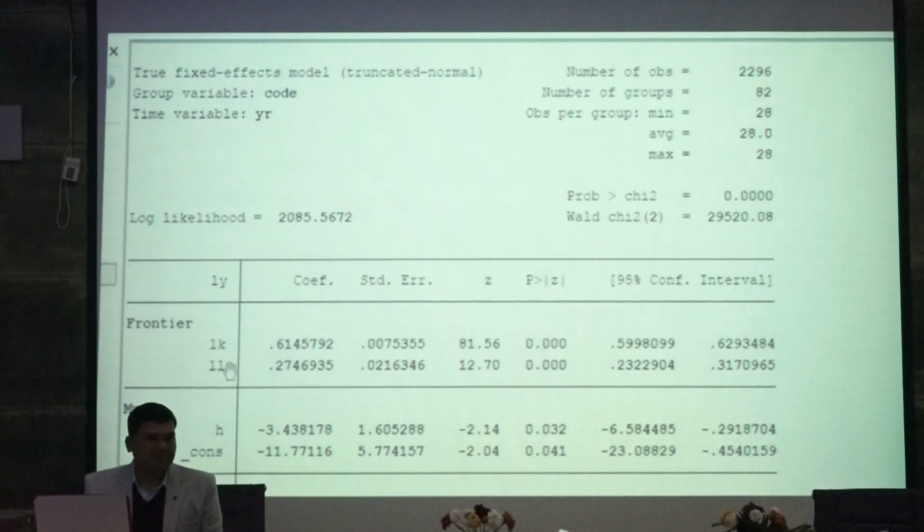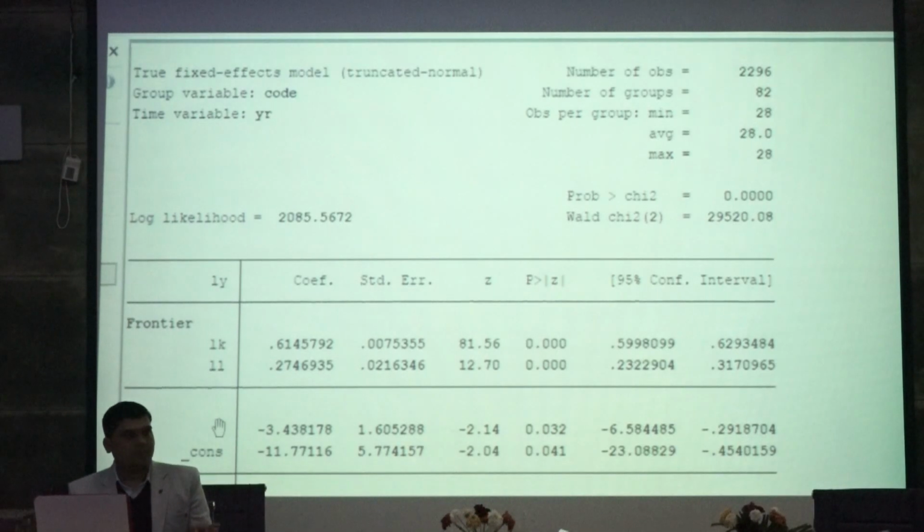And this mu is the inefficiency term, and this mu has this H. This is the regression of the inefficiency term on the H variable, because we are interested in checking whether there is any variable which is having an impact on inefficiency. So we have to check the coefficient and then the p-value.